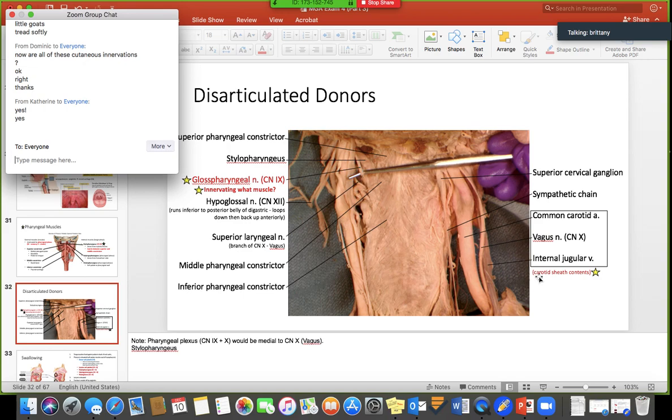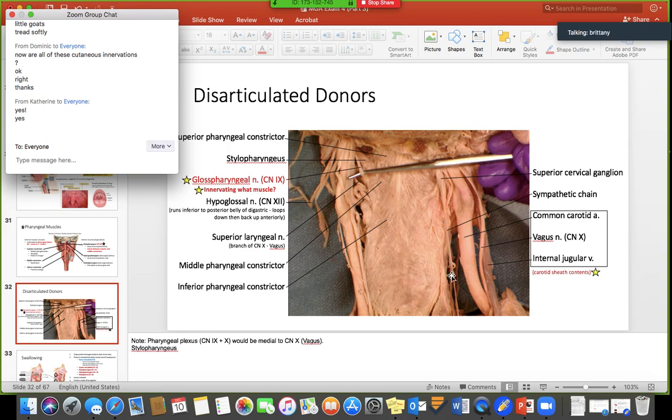And then also, very important, this will probably be the view where they can tag the contents of the carotid sheath. So make sure you look at this in lab and identify what is what. So vagus nerve, the internal jugular vein, and the common carotid artery.